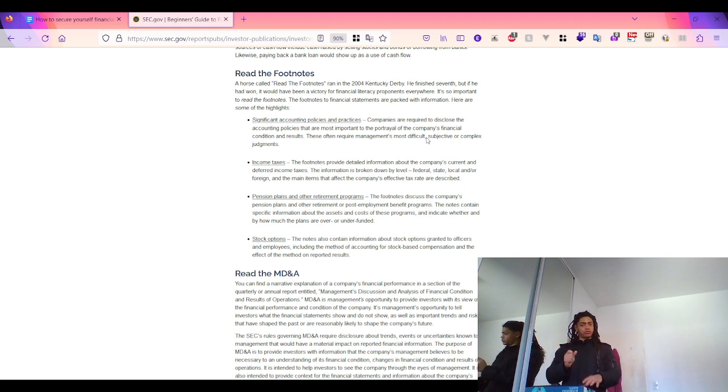So these stock options are financial instruments, and when we talk about financial instruments, according to Investopedia, this is an asset, or it can also be seen as a package of capital that can be traded. So a stock option is a financial instrument that allows the owner the right, but not the obligation, to buy or sell that asset at an agreed-upon price and date.